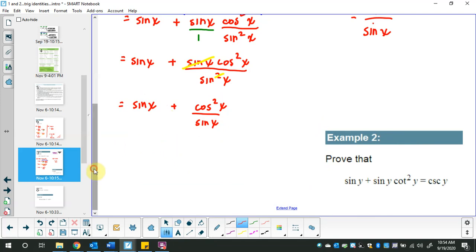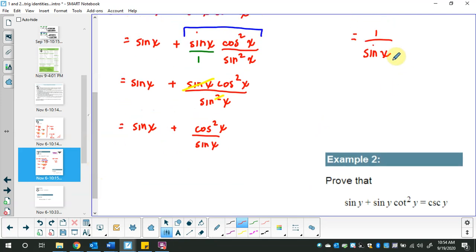And that doesn't look a whole lot like the right-hand side, but at least it's got the sine x on the bottom, whereas before it did not. Now comes a time where I go back to something I've showed you before, if you've followed through my notes. So these are two fractions, and they need to be added together, so that means I need to make a common denominator.